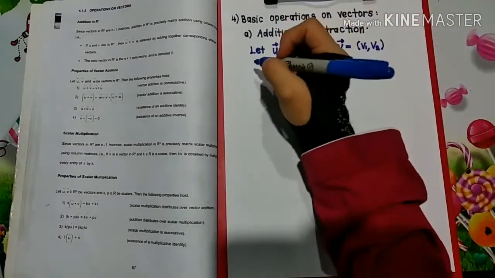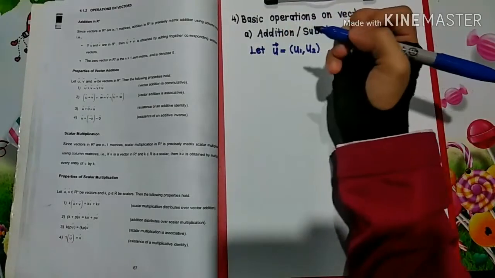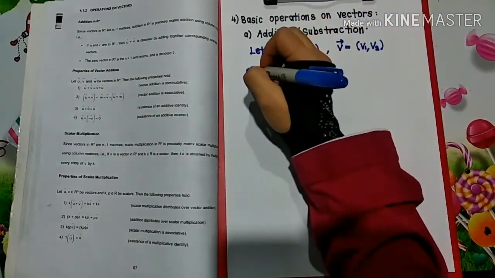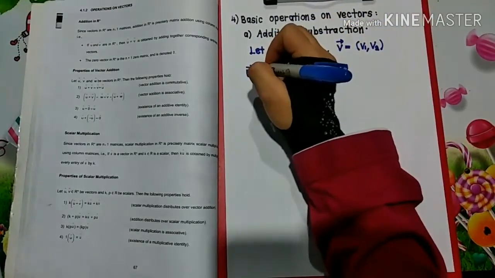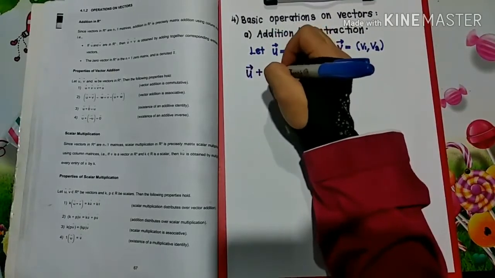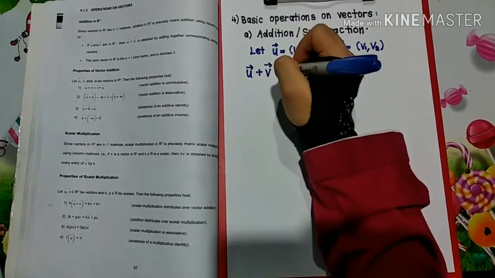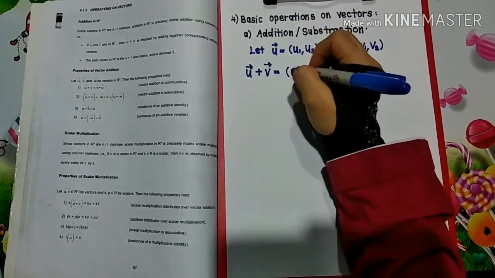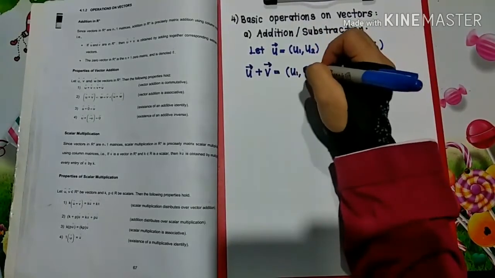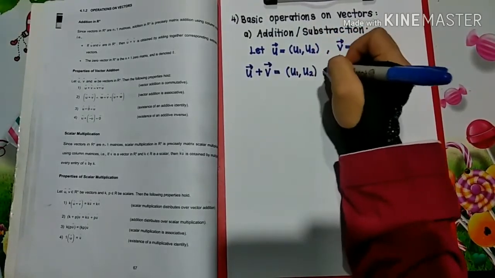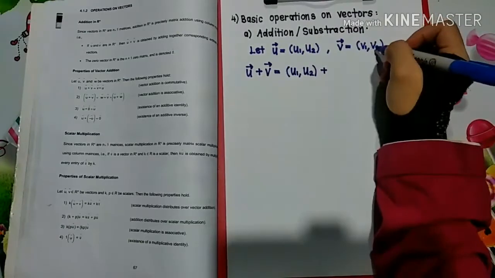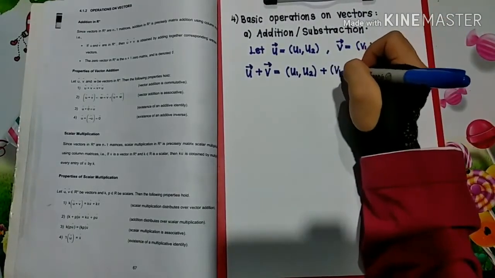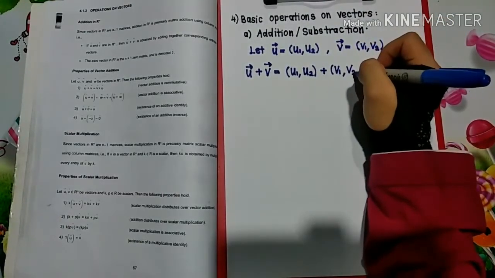How do you add or subtract these 2 vectors? Let's say vector U plus vector V. We have U1, U2 plus vector V, V1, V2.